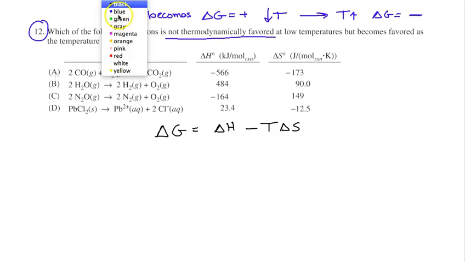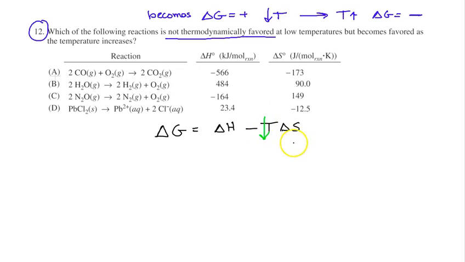If I was to lower this temperature, that means I'm going to make this entire expression, the way that I have it written, more negative. More negative the way it's written. So if it's more negative, that'd be a good thing with lower temperature. So we're trying to not be thermodynamically favored here.